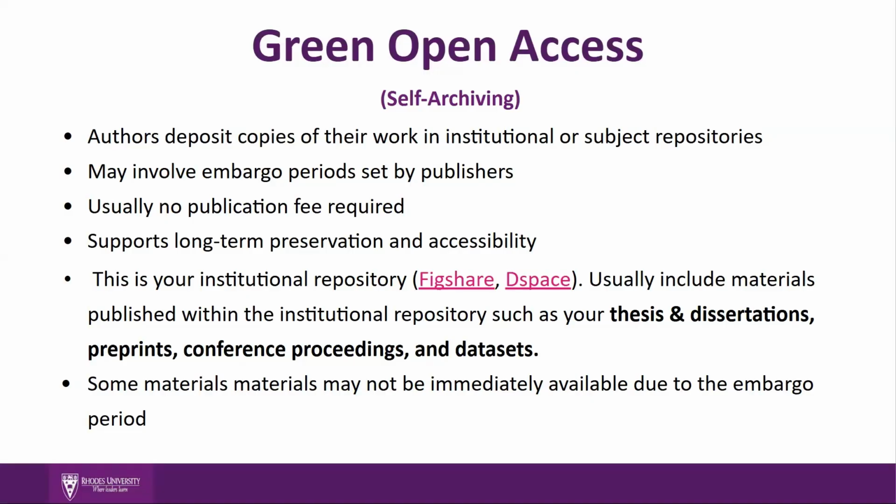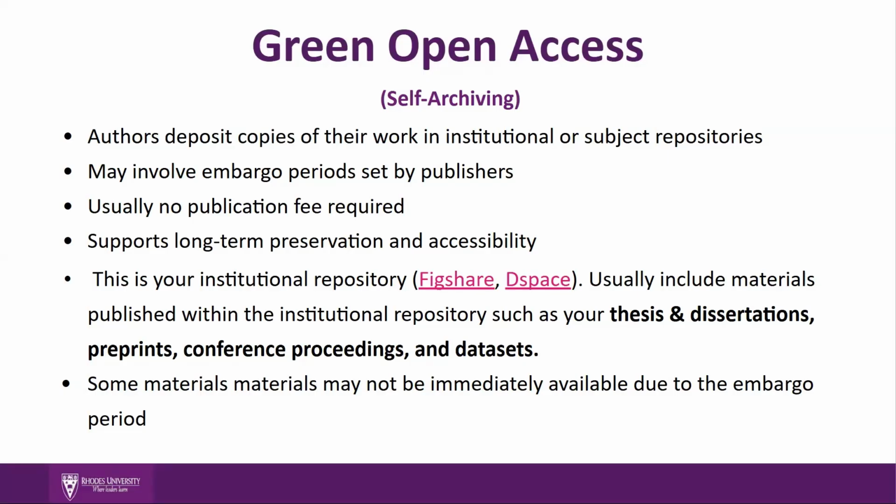It may involve embargo periods set by publishers. Examples of the green open access route are our data repository, which is Figshare, as well as DSpace, which is for theses and dissertations, preprints, conference proceedings, and so forth. So basically the green open access publishing route is your institutional repository.